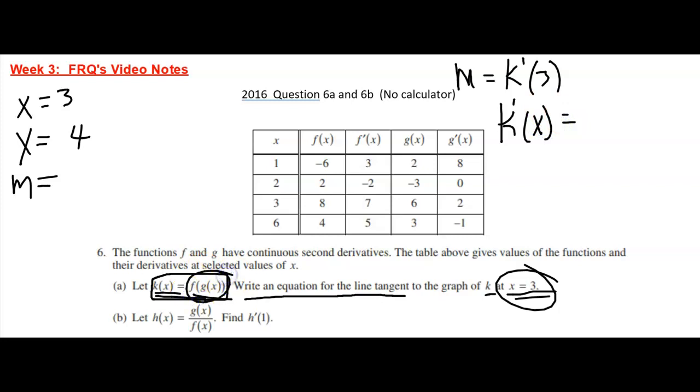Now, that's a composite function, which means I'm going to have to do the chain rule. I have my outside function, which is f, and I've got my inside function, which is g. Okay, so the derivative of k is going to be the derivative of the outside multiplied by the derivative of the inside. So the derivative of f is going to be f prime.